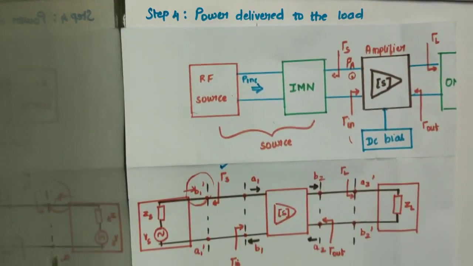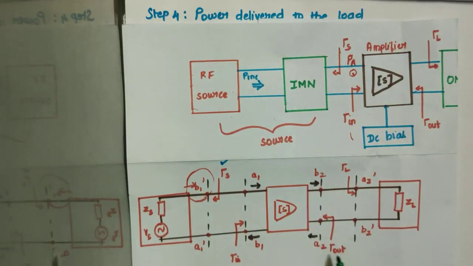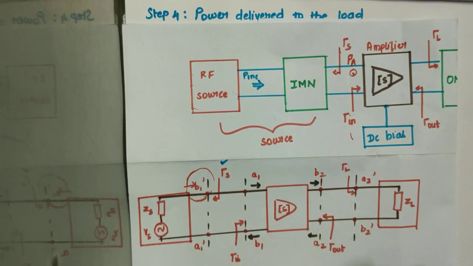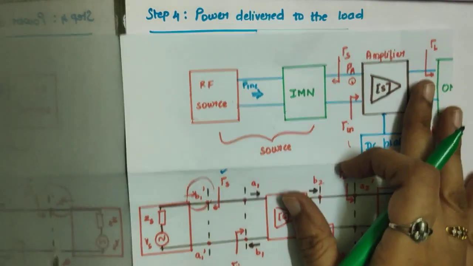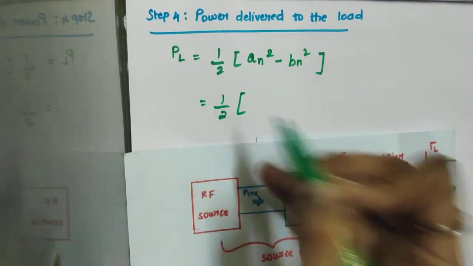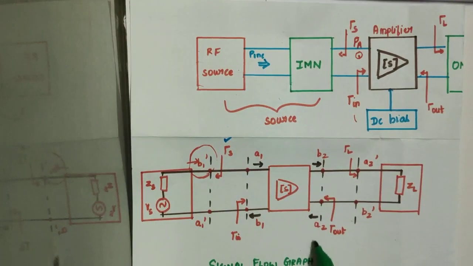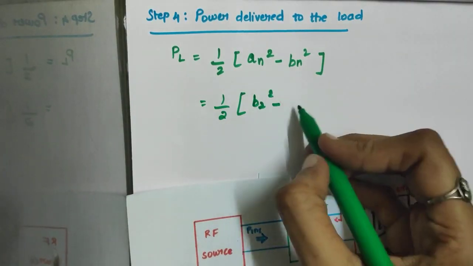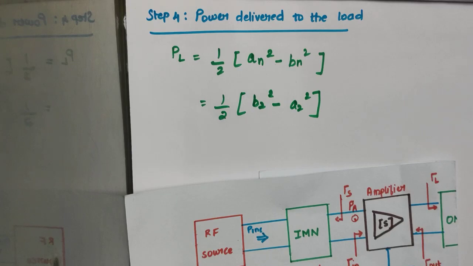Now coming to the load side, if you see, the incident wave here is B2 and the reflected wave here is A2. So this formula we are going to write in terms of the load. I am going to write the formula for power delivered to the load as 1 by 2 into, see this, what is the power that is incident here? It is B2. Power that is reflected here is A2. So this will be B2 square minus A2 square.